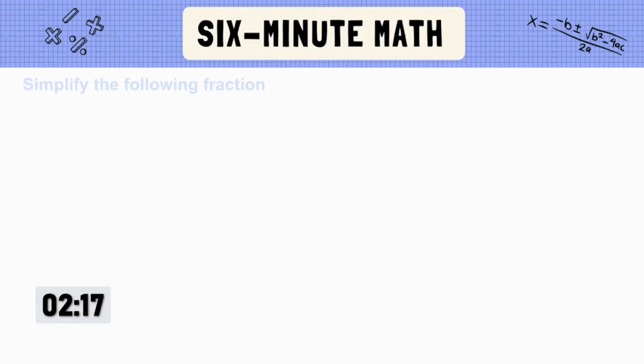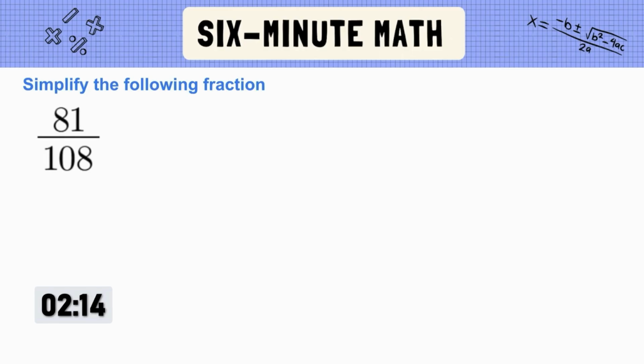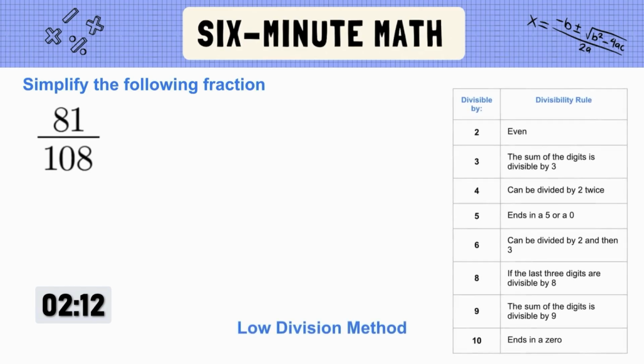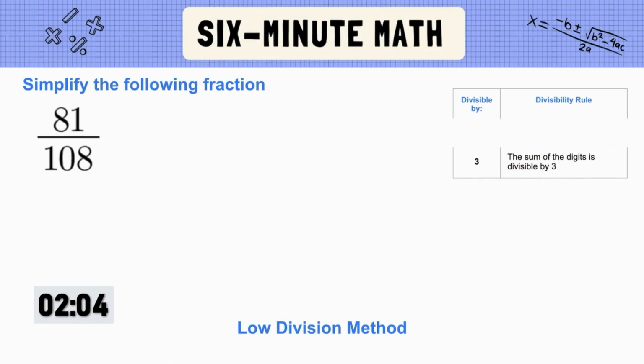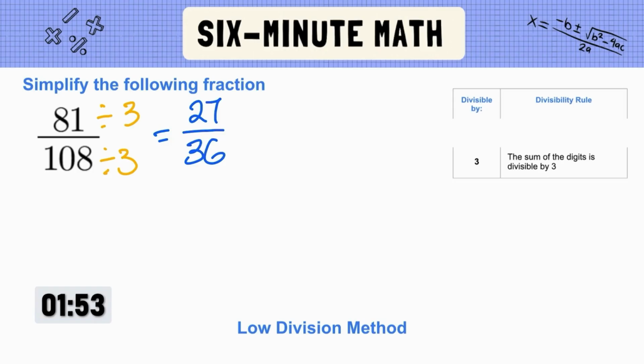How about if I simplify the following fraction using the low division method? In this case, I'm going to scan my divisibility rules. Both of them aren't even, but they are both divisible by 3, so I'm going to use that for top and bottom. And I'll get 27 over 36.